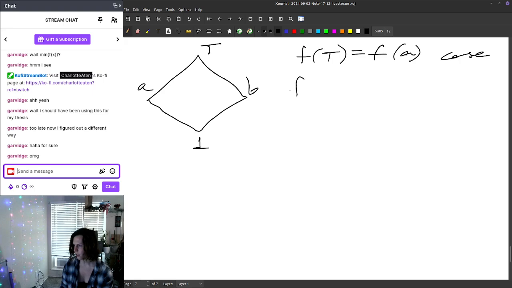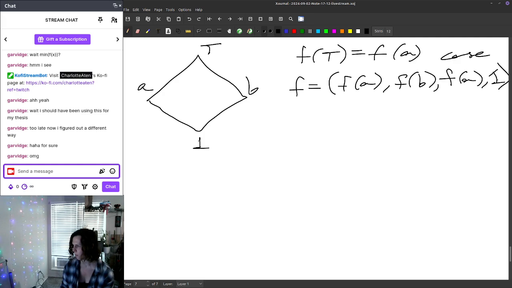In this case we'd have a tuple which looks like f of A, and then whatever f of B is, it has to be bigger, and then f of the top thing, which is also f of A, and we actually know f of the bottom thing is 1, so that's always going to be 1, and it's not really very interesting. Okay, so what's a typical choice look like?